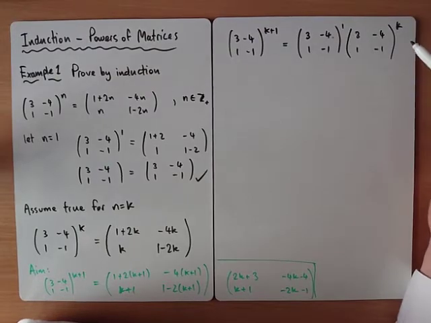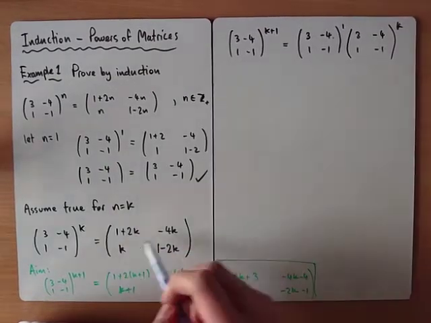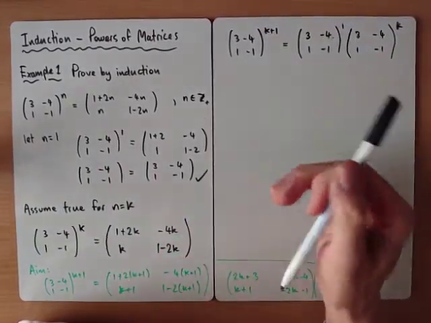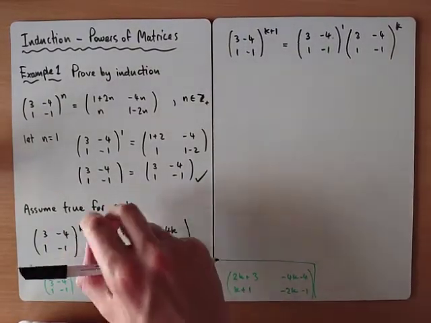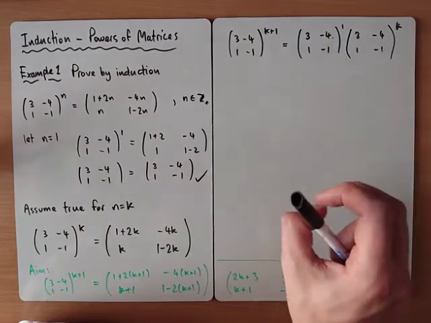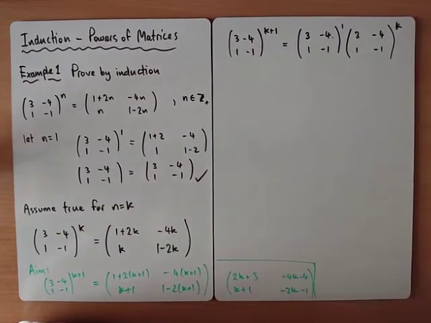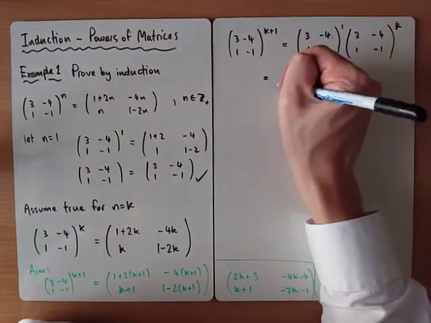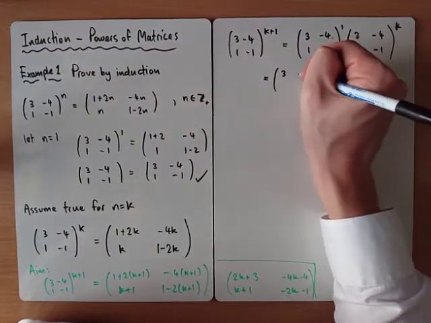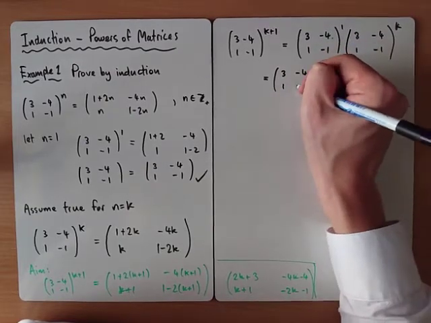And by writing it like this, we're able to use this result to help us to prove that the result works. Remember, that's how induction works, isn't it? Assume the result works, use this assumption to get to the next result as well, and essentially we've proved that it will always work. So let's see. We've got 3, minus 4, 1, minus 1.